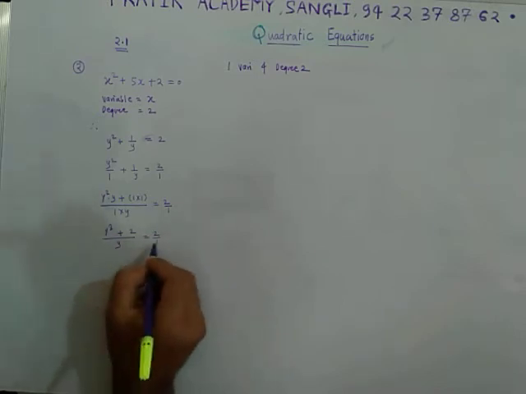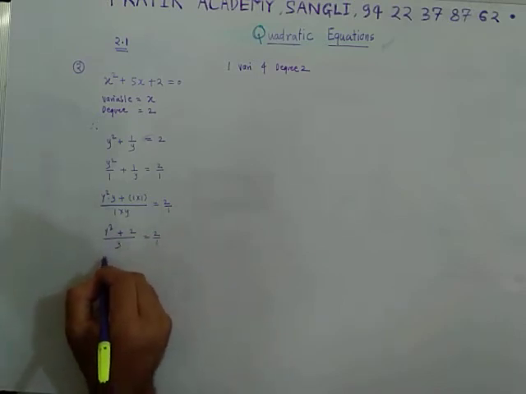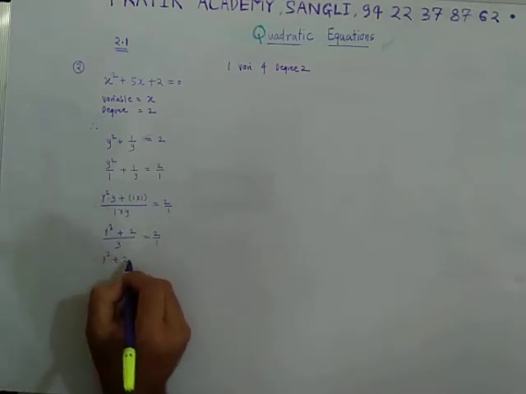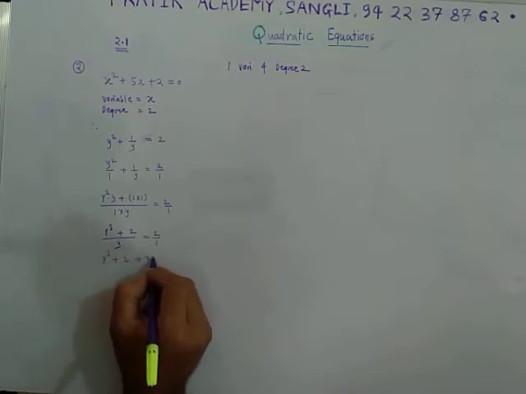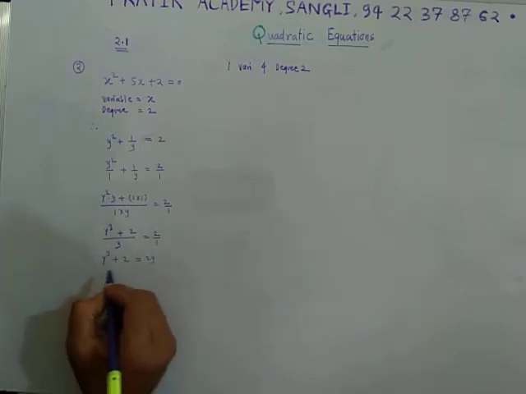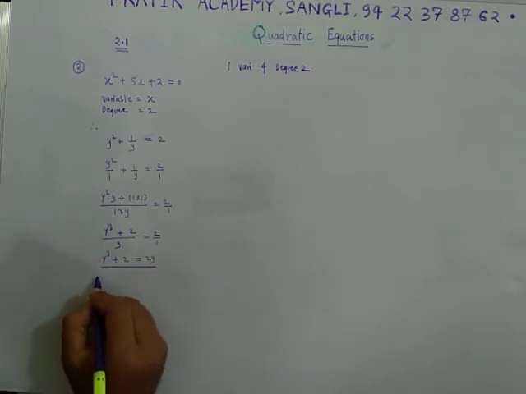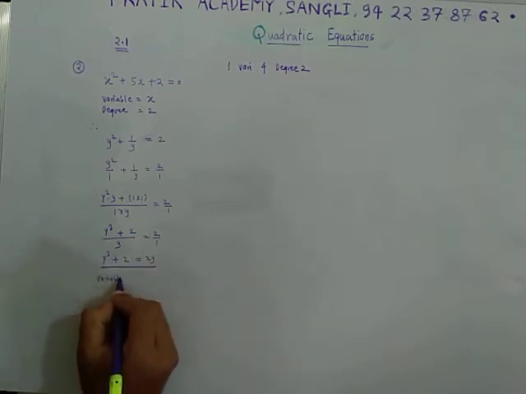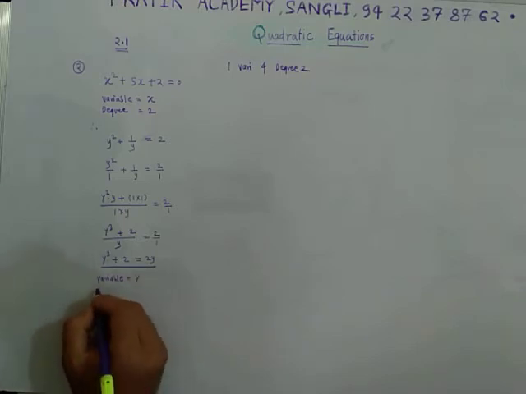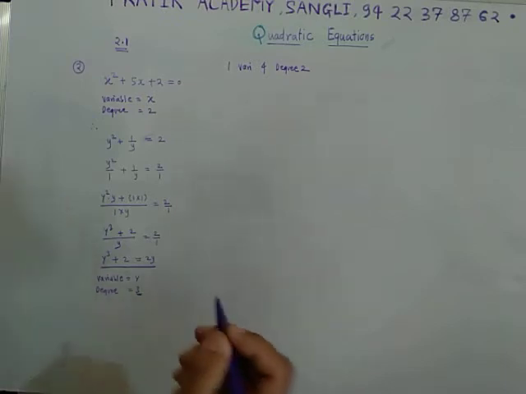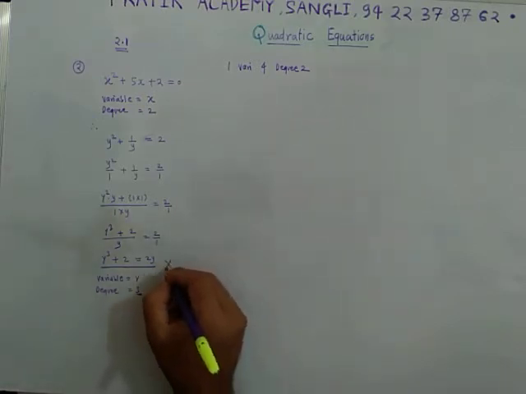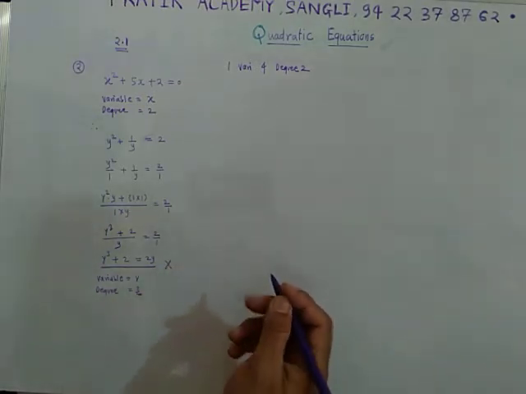Cross multiplying, y cube plus 2 is equal to 2y. Then if you take a look here, the variable is y, the degree is 3. So this is not our quadratic equation.